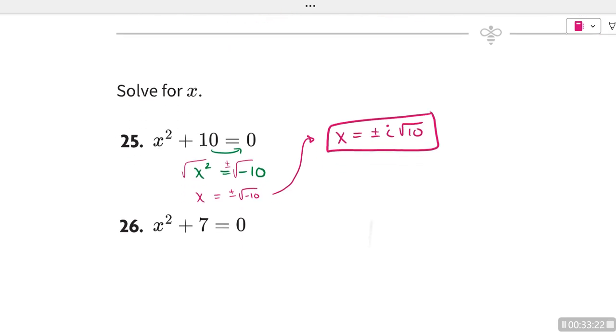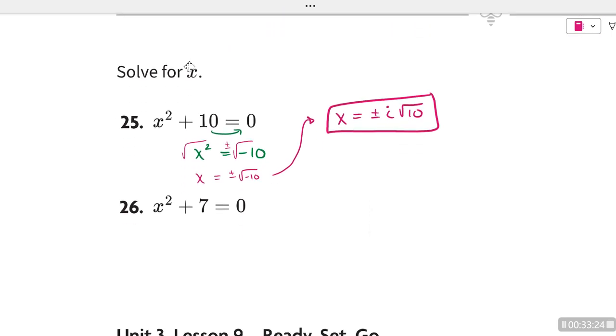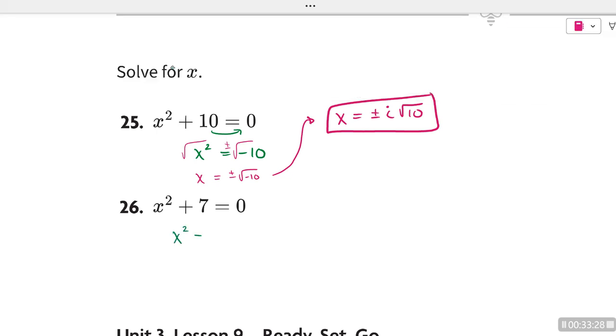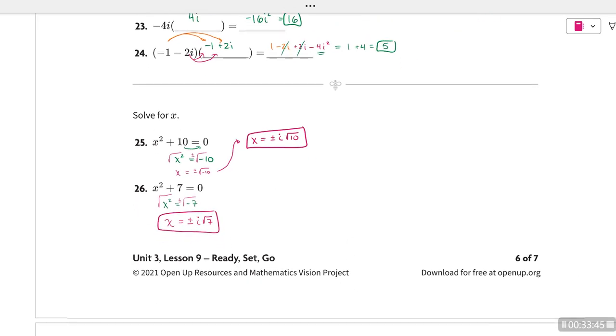There we go. Okay, here I'm going to move that 7 over to the other side. So x squared equals negative 7. Once again, I'm going to take the square root of both sides. And when I do that, I do plus or minus. So x equals plus or minus, since I have a negative under the radical, I'm going to make that i root 7. There's question 26.